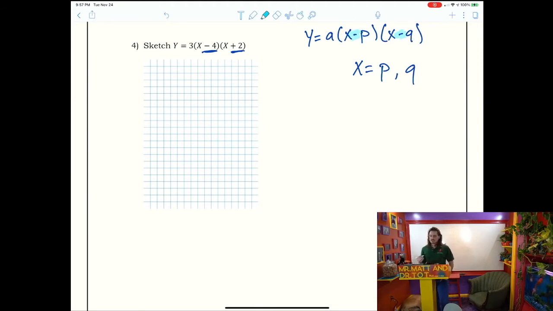So if we have x minus 4, then the coordinate of where this quadratic crosses the x-axis is going to be x is equal to positive 4. It's going to be the opposite sign of what's listed. If the other factor is x plus 2, then it's going to cross the x-axis at x is equal to negative 2. So we can start there.